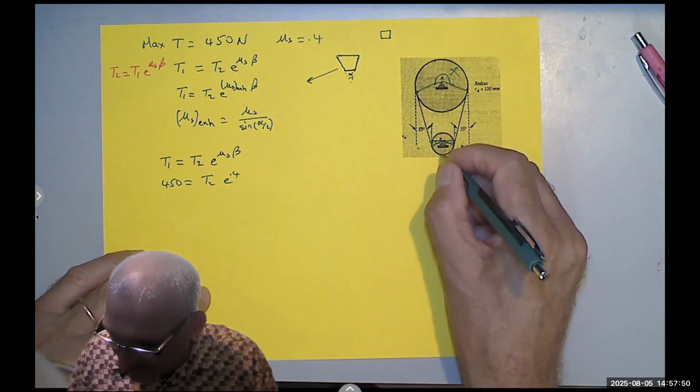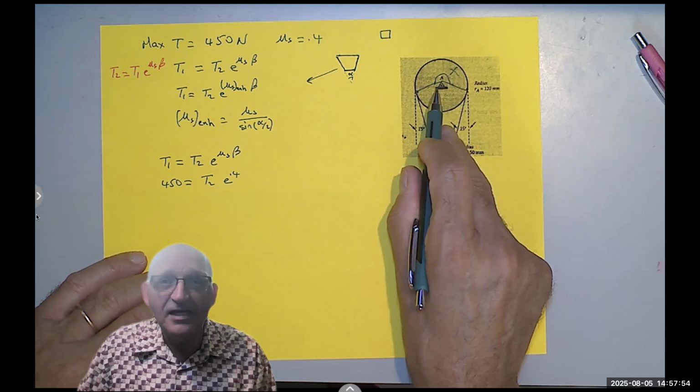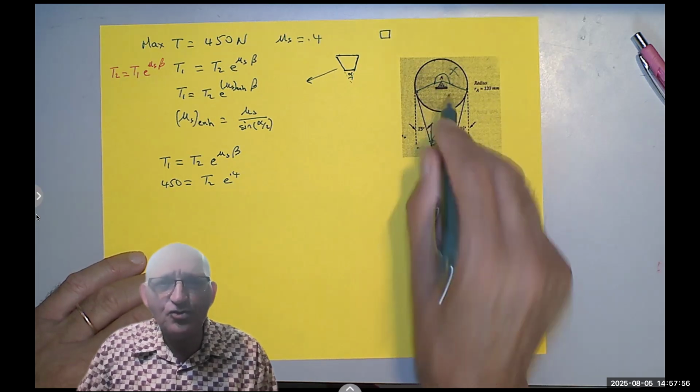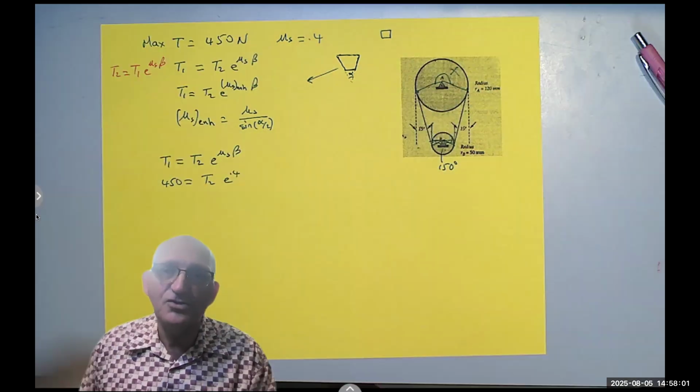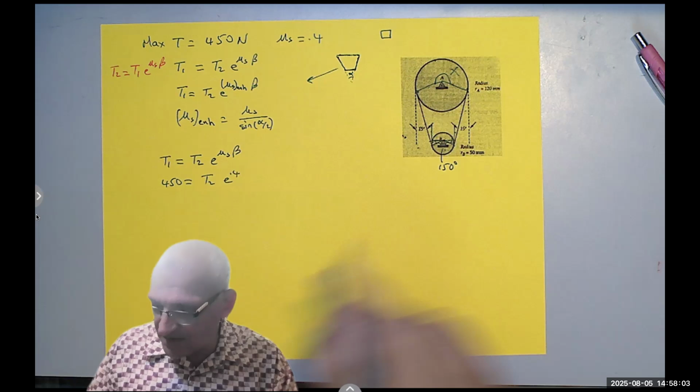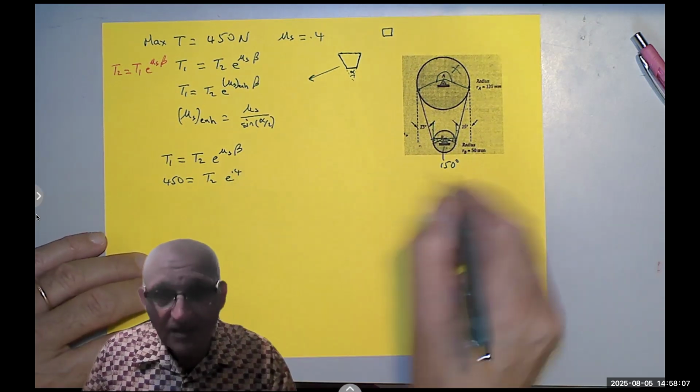So it's 150 degrees. Of course, here it would be 210, but I'm not generating the torque here. I'm generating it here, and then I'm delivering it to the big one. So you always work where the motor is. So this would be 150.